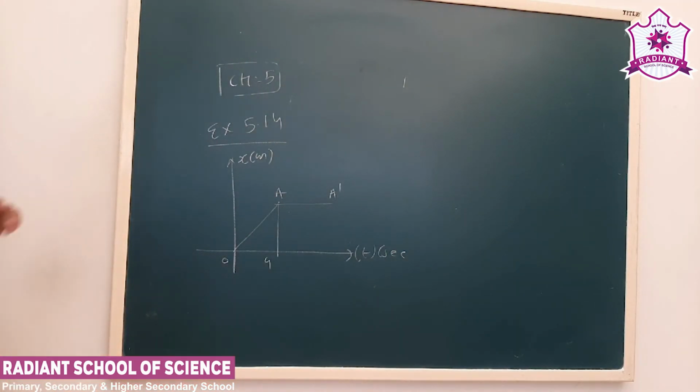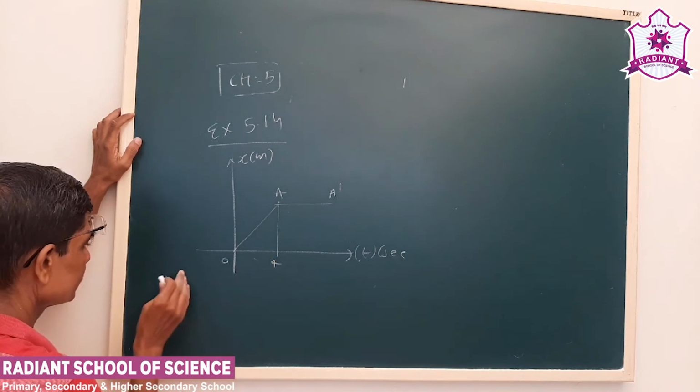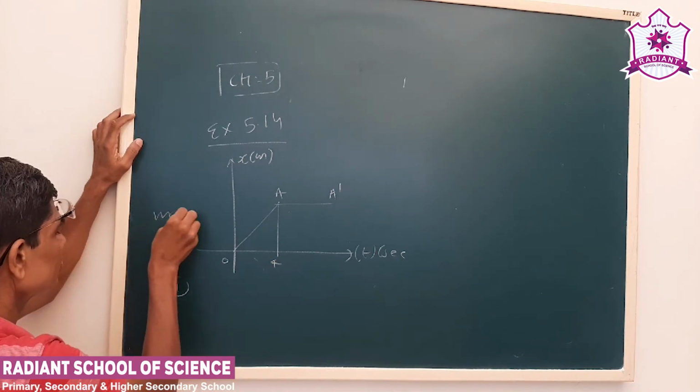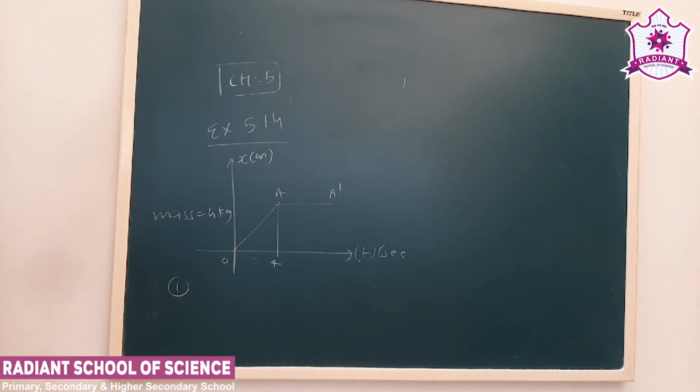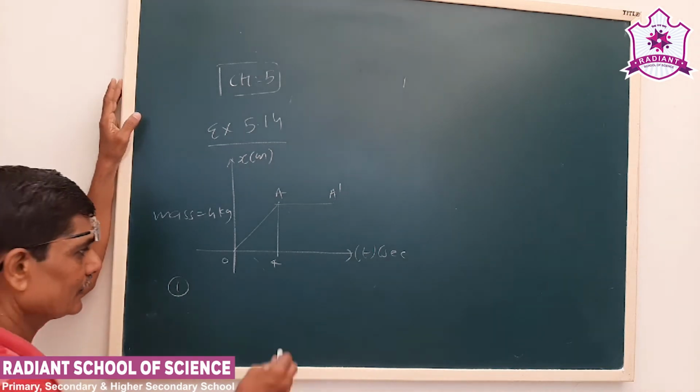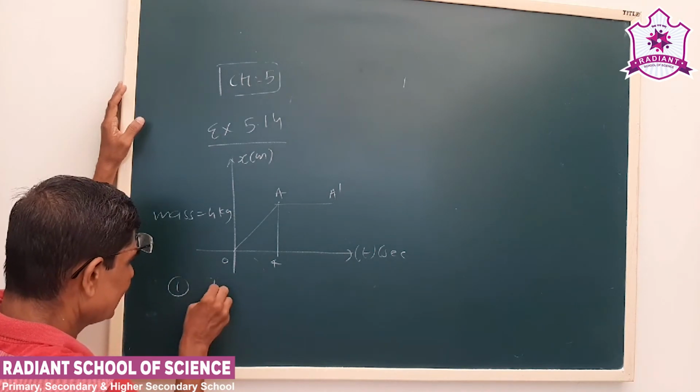The mass of the body is 4 kg. Now, what will be the impulse or force acting on the body at different time intervals? Let us say first is t less than 0.